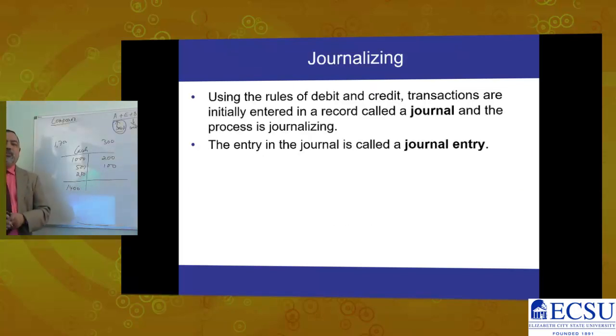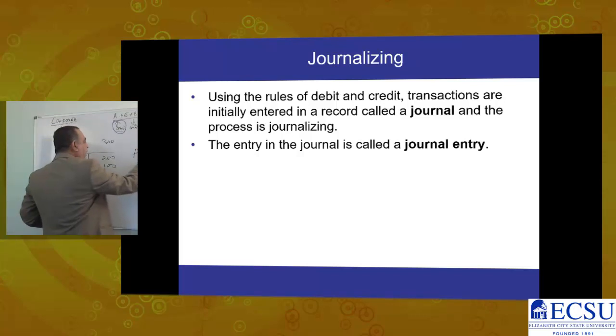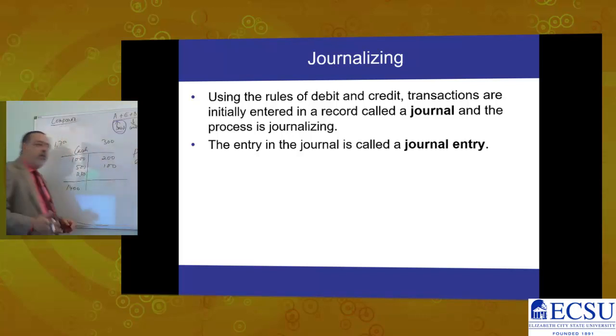Now we're going to go on to the next concept for this segment of the video, that is journalizing. Using the rules of debit and credit, transactions are first entered in a record. Sometimes we call this record a book of prime entry, because this is the first place where we make a record of a transaction.